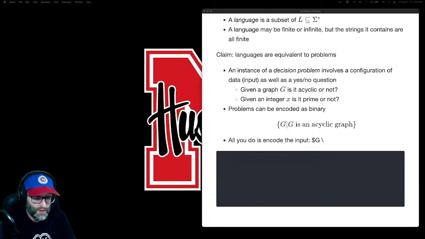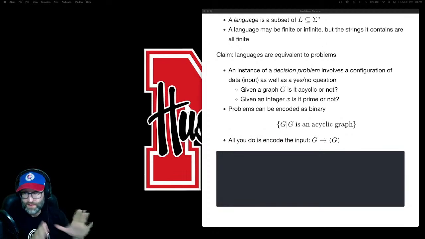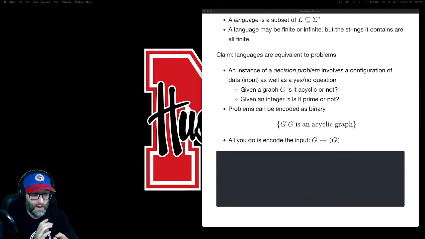So G, I'll encode that, and here's the special symbols that I'll use. Angle brackets. There we go. Give myself some more room here. G, right? Oops, sorry. That should be on the inside, right? That's a special LaTeX symbol that we use to denote an encoding of G. And you've done this, right? You can encode a graph as a series of adjacency lists or an adjacency matrix.